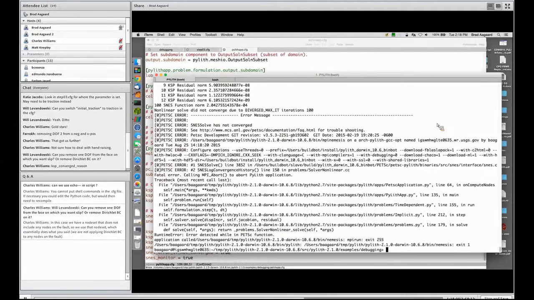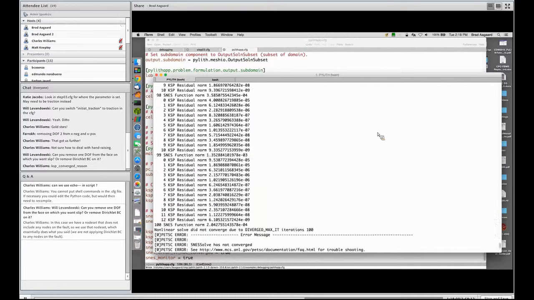And so it diverged in the maximum number of iterations. So that's why I was getting a pretty funky solution. You'll see my linear residual was down to 10 to the minus 9, and that's the preconditioned residual. But you'll see my SNES residual is at 1 times 10 to the minus 3.